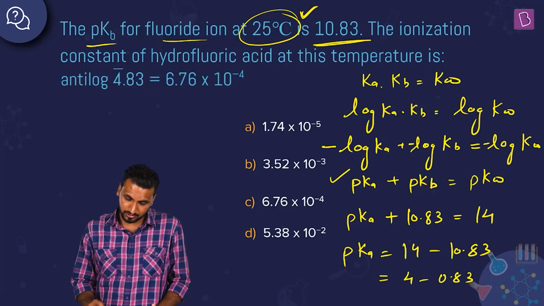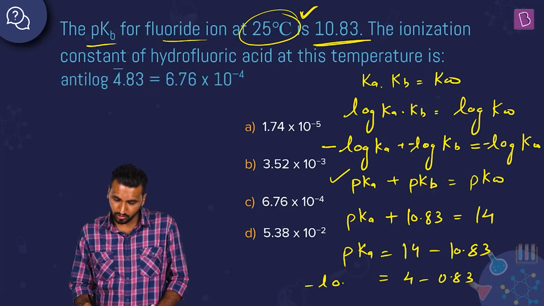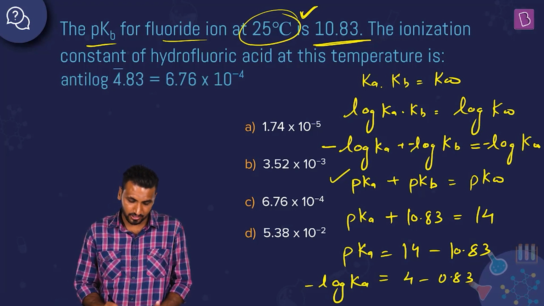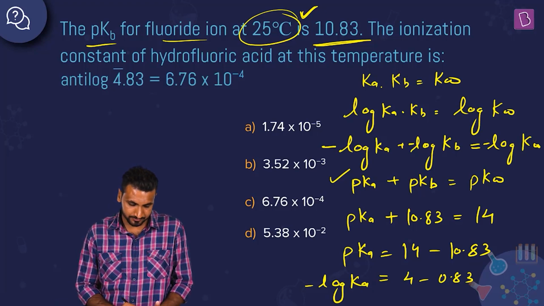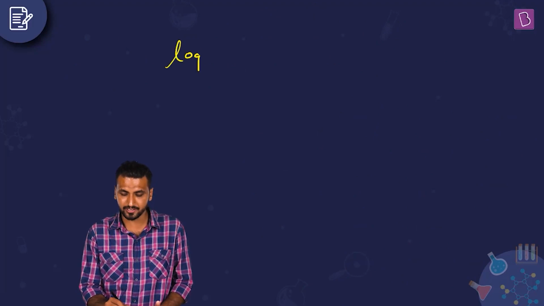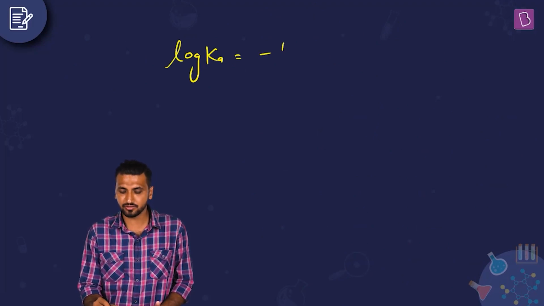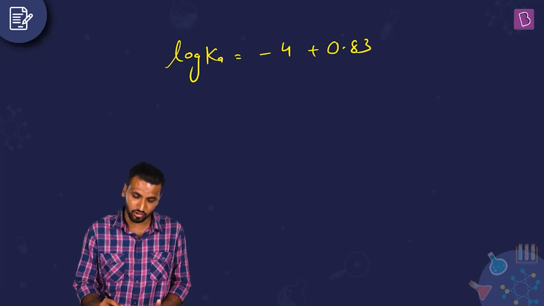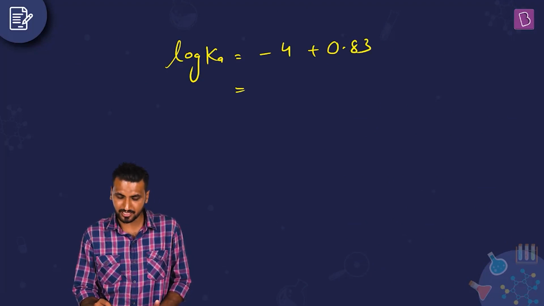So if I solve this, pKa will be minus log Ka. If I take minus on that side, I'll write it as log Ka is equal to minus 4 plus 0.83, right? Because I need to calculate the antilog. So can I just write this as 4 bar .83, right?